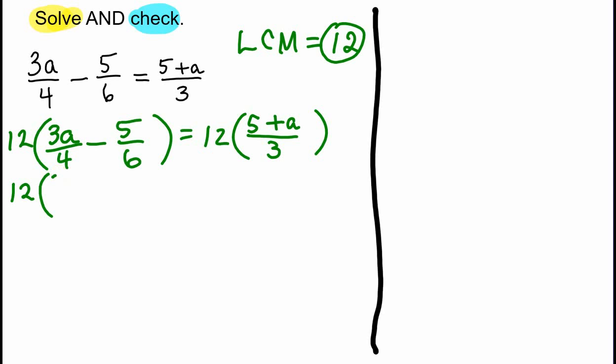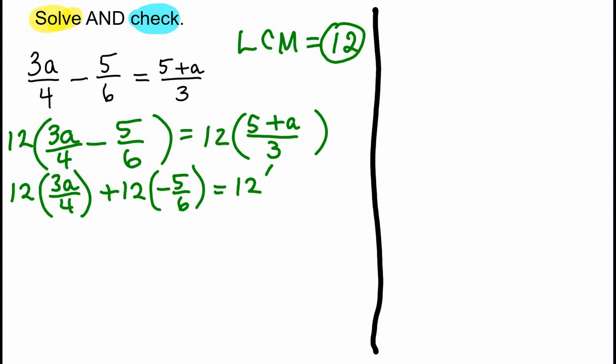So now it's going to say 12 times 3a minus 4, and then 12 times negative 5/6. The right-hand side, I don't have those same concerns, so I'm simply going to rewrite what I have: 12 times 5 plus a over 3.